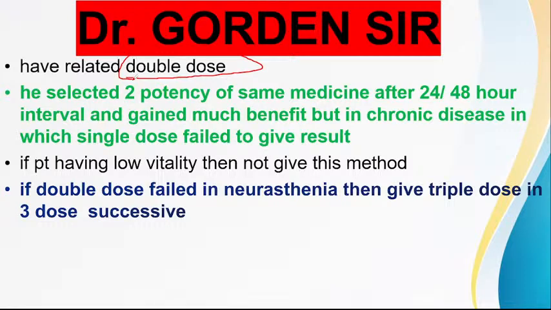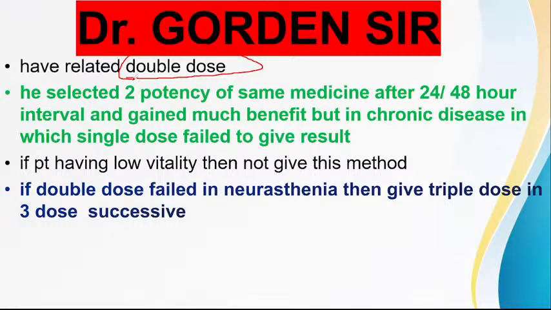And he said that those cases which had failed with a single dose gave so much satisfactory result with this type of double dose. See, this is also a very different idea. If we are treating a patient and we are sure about our simillimum and it does not act, then we can also try in some cases a double dose.